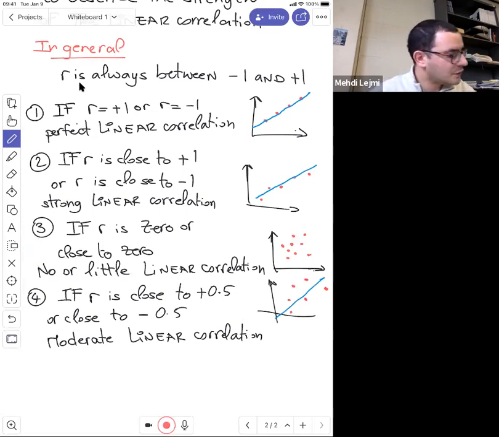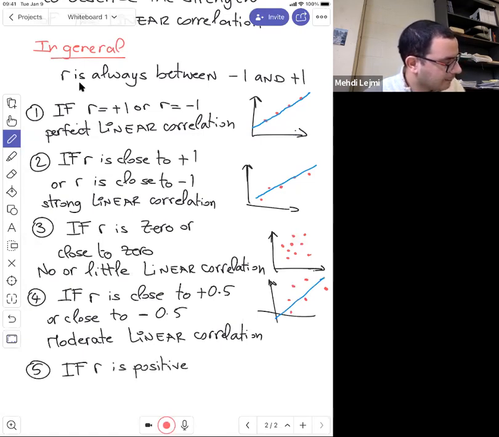And last thing, just to remind you: the sign of R describes whether your line is going up or going down. If R is positive, then we have a positive linear correlation.